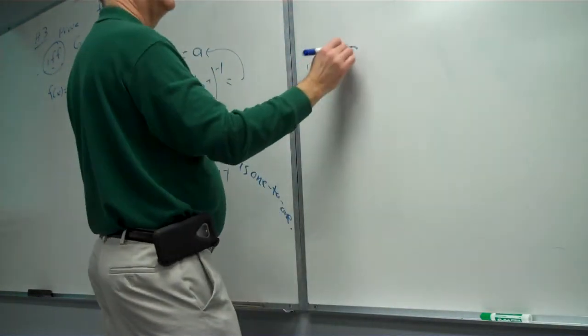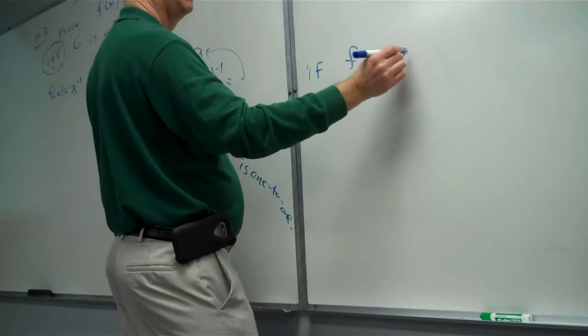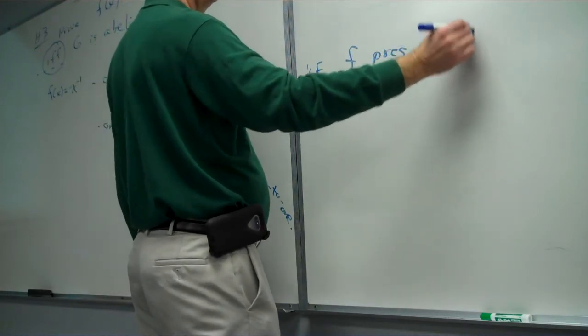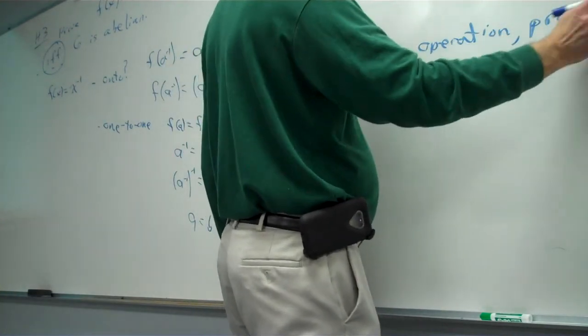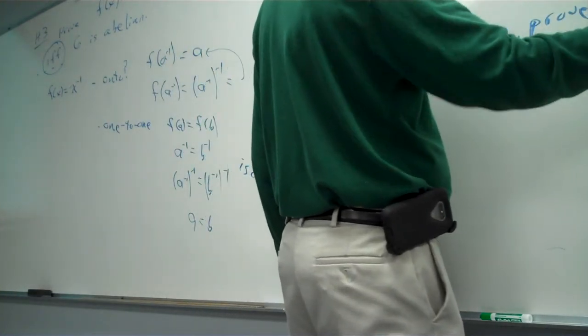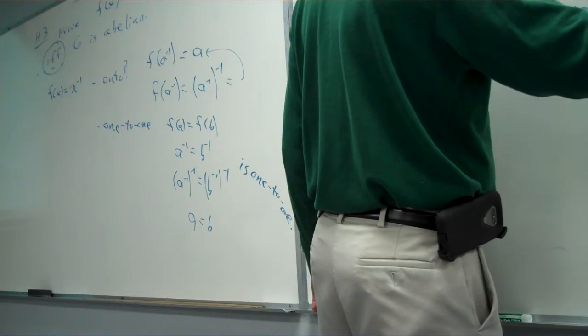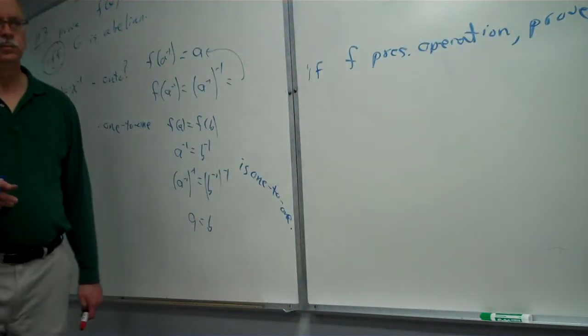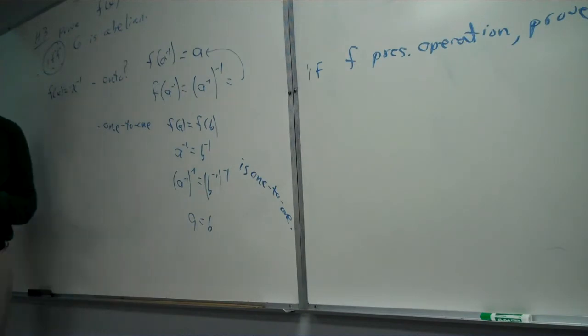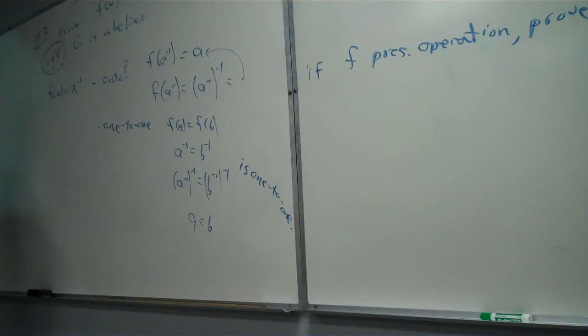And if f preserves the operation, G is abelian. We'll see if we can do, should be able to get one of them done in 6 minutes. Whether we can get both of them done or not, I'm not sure.